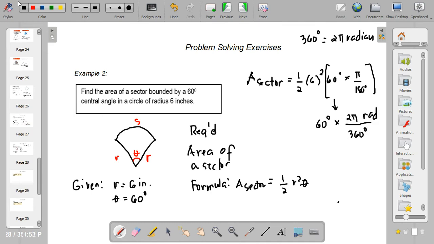Okay, so 'di ba? Pwede natin i-divide ito, so this will be 180 degrees. Kaya naging pi over 180 degrees. All right. So after doing this, you can get the area of the sector.